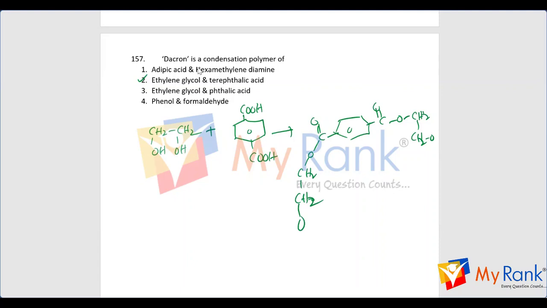This is called Dacron. Dacron is a polyester. Polyesters and polyamides will be there. So it is very important: Dacron is a polymer of ethylene glycol and terephthalic acid.